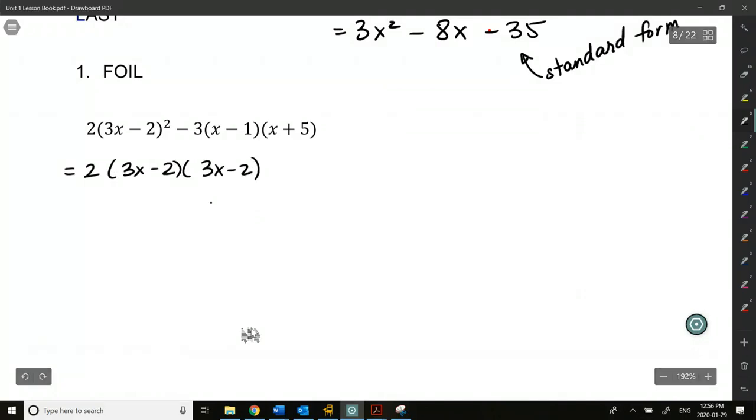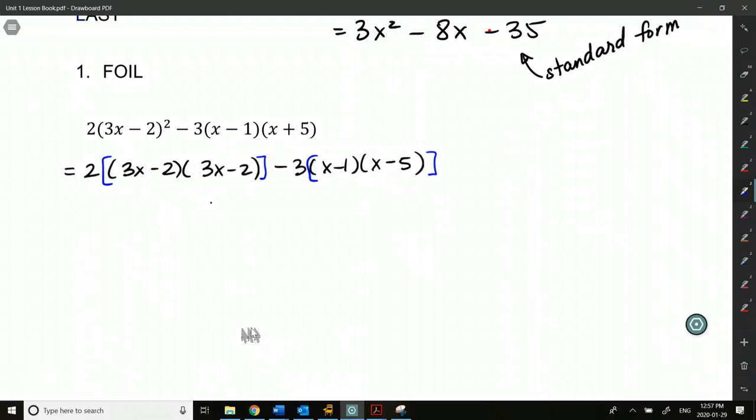So I write that thing twice. Okay, there's a couple routes that you might be able to take to get to an answer here. What I'm going to do is we're going to focus on foiling inside the brackets first, and then we will distribute the number out front into each term. Okay, I think that's probably the least confusing way.